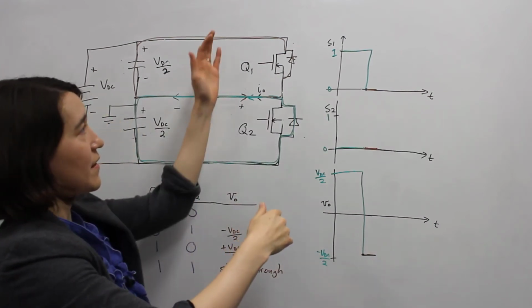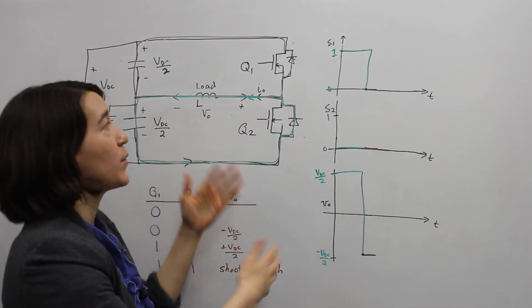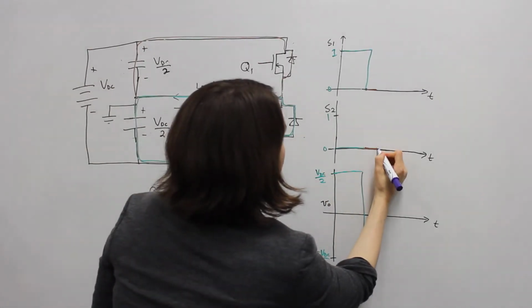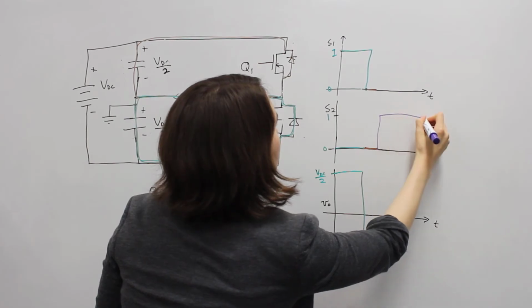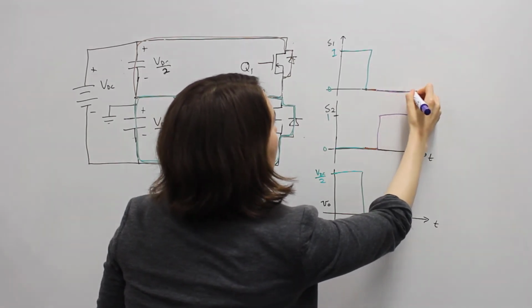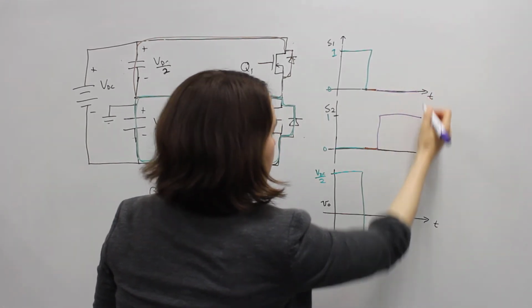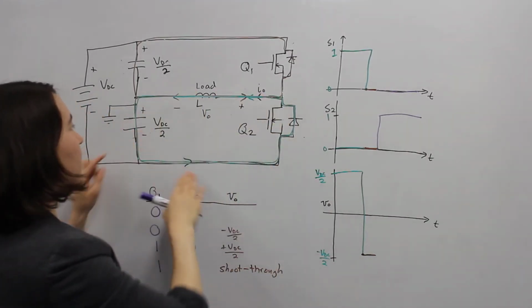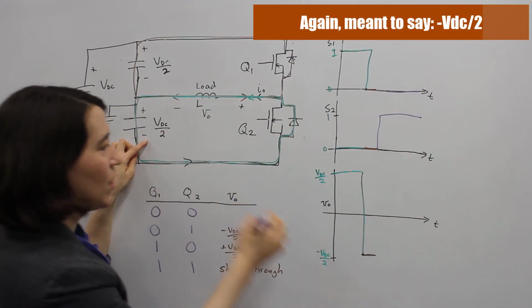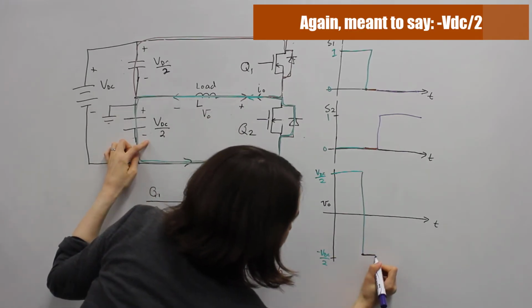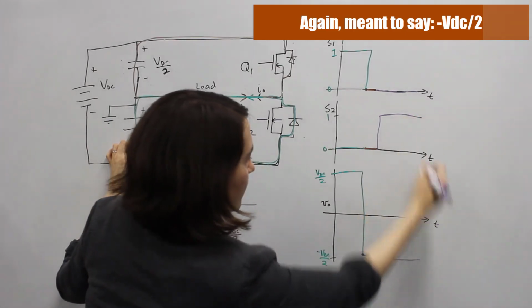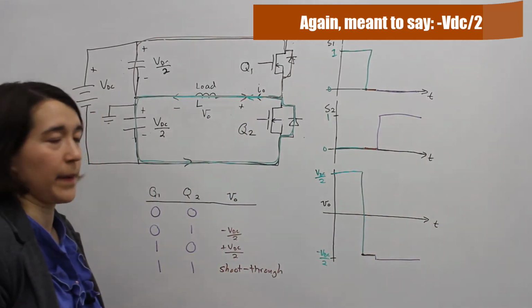Then once they've both fully turned off, we can turn back on the other one. We can turn on S2. S1 will remain off during this period. And that means that now we'll have the full negative VDC over our system. So now we'll go to the negative VDC and maintain operation during that period.